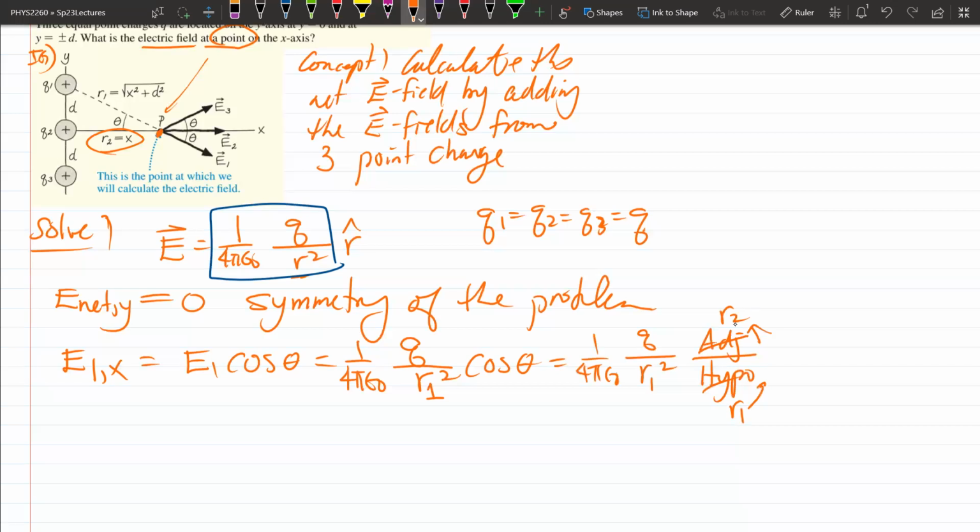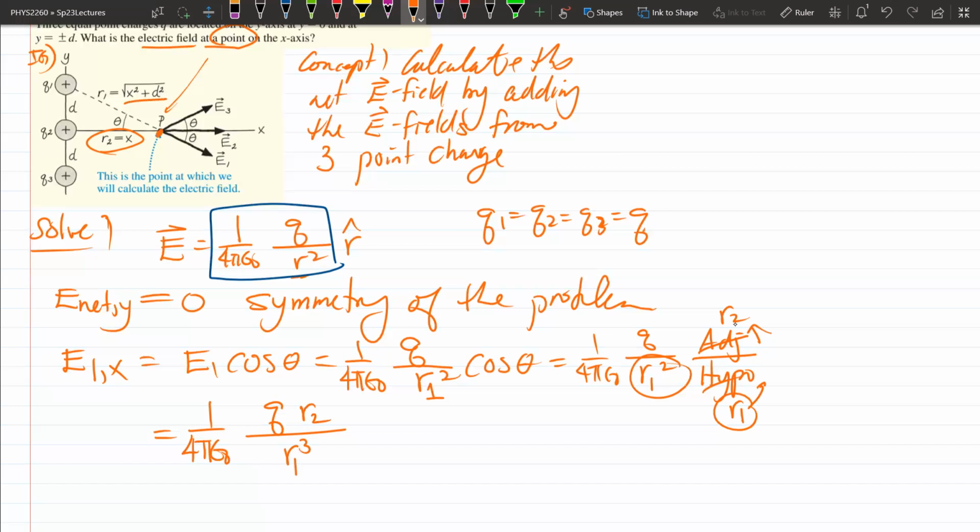That adjacent over the hypotenuse gives us cosine of theta. So this long equation doesn't get much shorter, but it does shrink a little bit: R2, and you have one factor of R1 here and two factors of R1 there, so it's R1 to the third power.